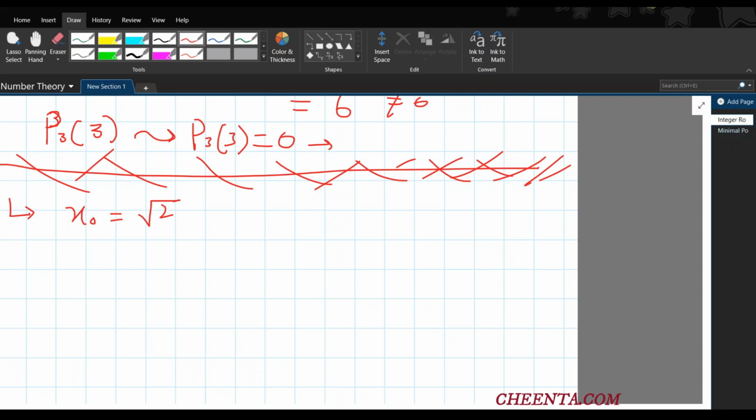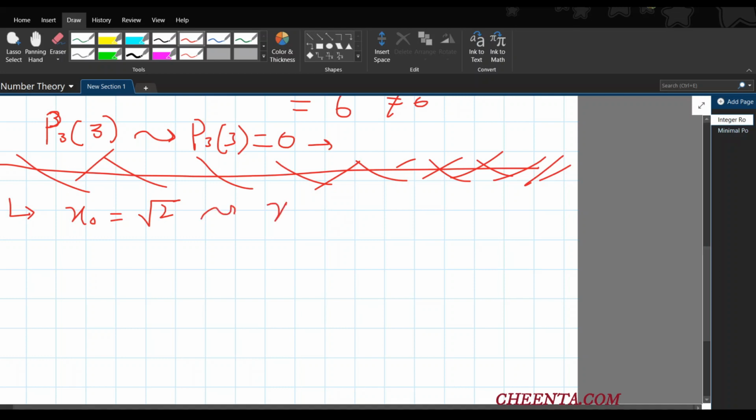So yes, we can. First, we have to find the polynomial whose solution is the square root of 2. So my polynomial is x squared minus 2. The solution of this polynomial is the square root of 2.